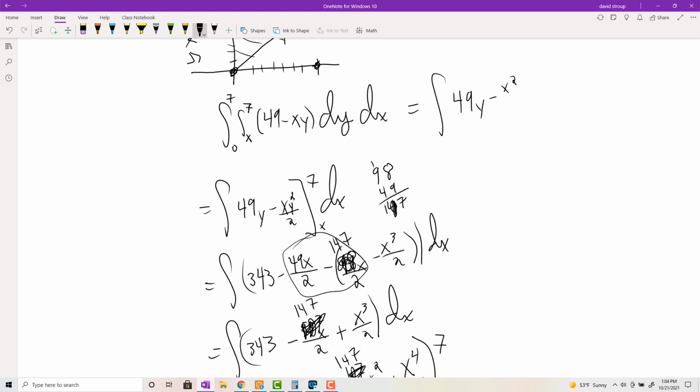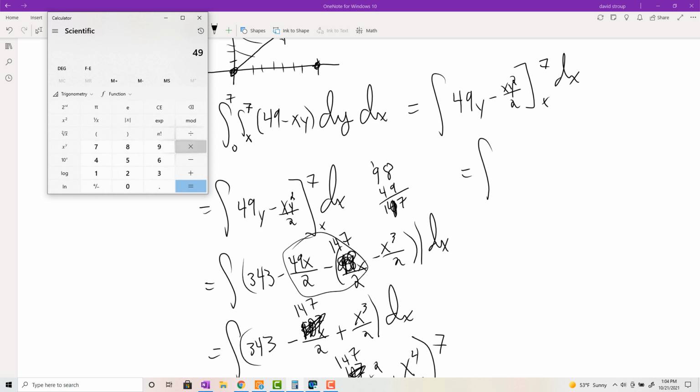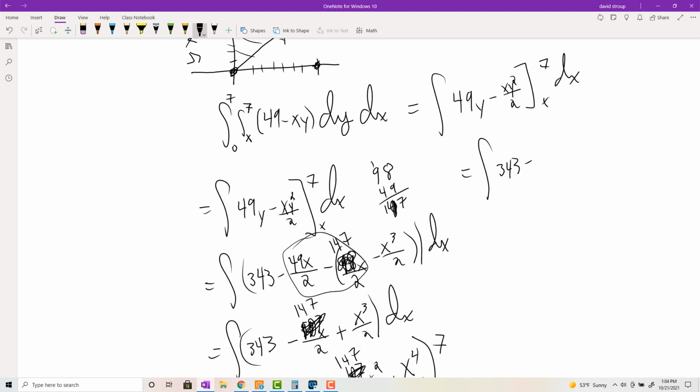49y minus x squared, xy squared all over 2 from x to 7 dx. So that's going to be the integral 49 times 7, 343, minus y squared 49x all over 2 minus, now you plug in x, so you get 49x minus x cubed all over 2 dx.